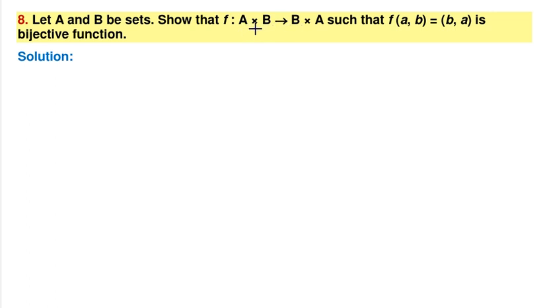A cross B is a superset of the domain, but since a function is given, A cross B is the domain, and B cross A is the codomain.